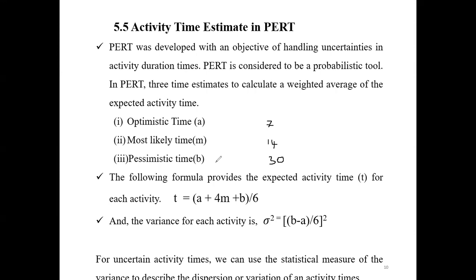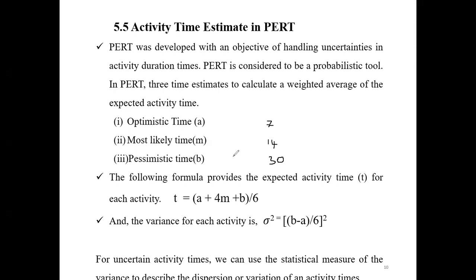a particular activity. So these are the 3 time estimates. Optimistic time means the very shortest, minimum time taken to perform an activity. Pessimistic means the maximum time required to perform an activity. Most likely is the normal condition, the number of days needed to perform the activity. These are probabilistic, only estimated.